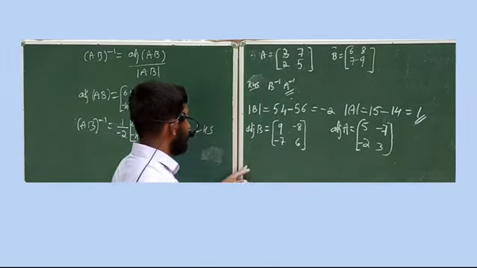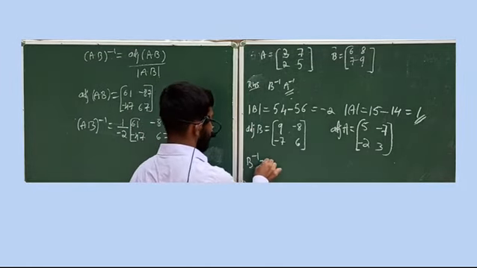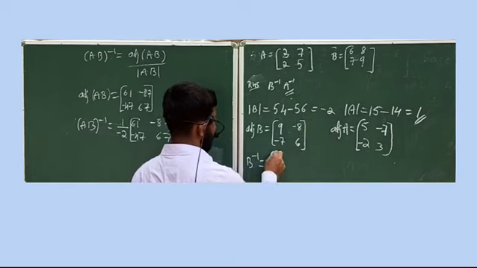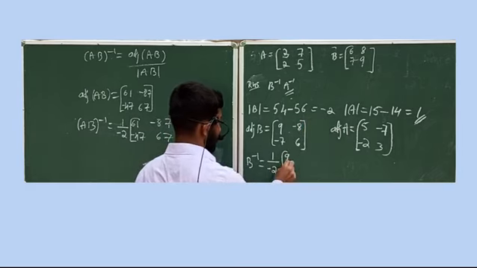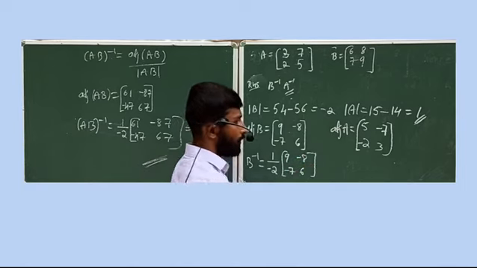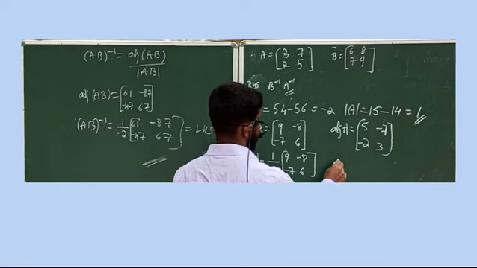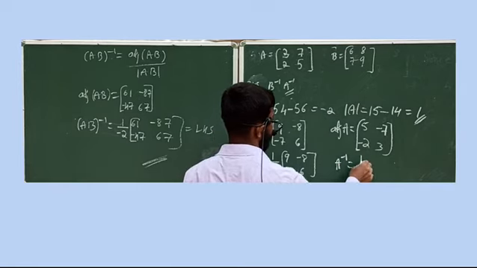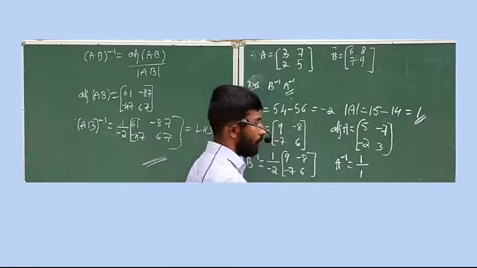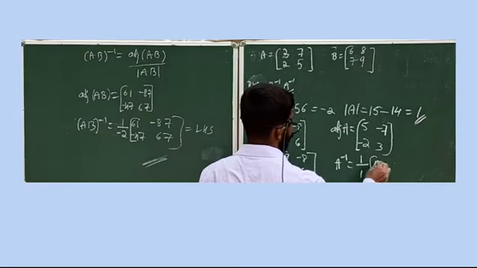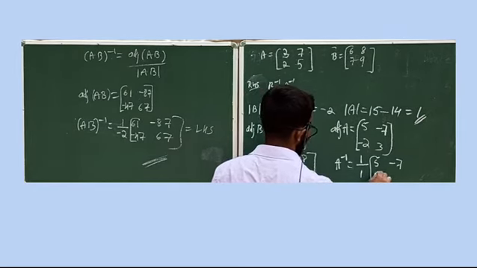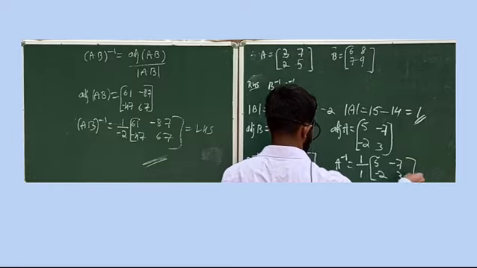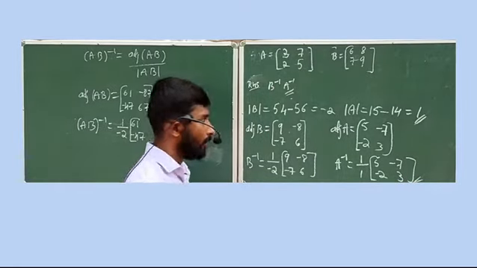Now B inverse is equal to 1 by determinant B, 1 by minus 2 into adj B, 9 minus 8 minus 7 6. What is A inverse? A inverse is equal to 1 by determinant A, 1 by 1 into adj A, 5 minus 7 minus 2 3.